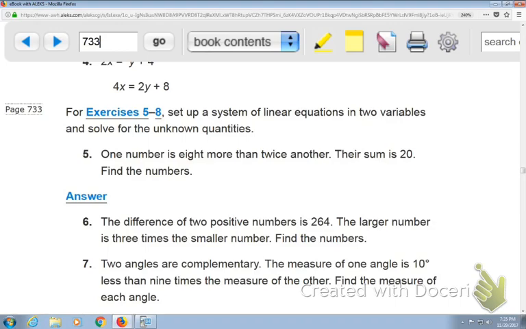If we look at number 6, this is a literal word problem. I mean, it's just math in words, but that's a good place to start. The difference of two positive numbers is 264. The larger number is 3 times the smaller number. Find the numbers. So what is it that this is asking us to find? Two numbers. So what could I call them?